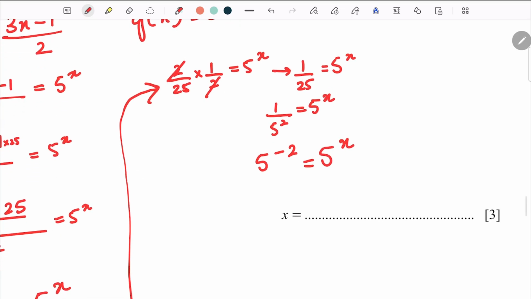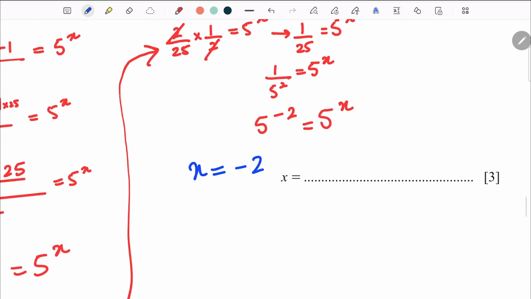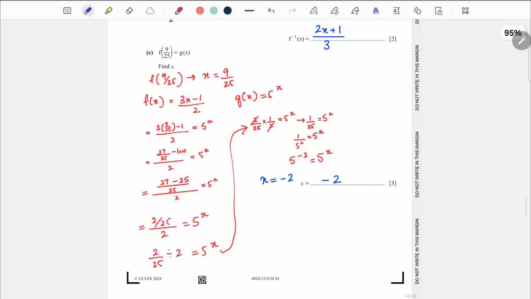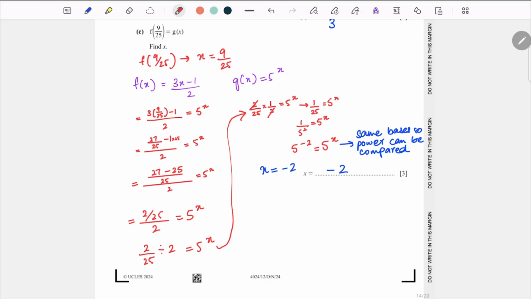Because the bases are the same, the powers can be compared. So x will be equal to negative 2. So the final answer will be x is equal to negative 2. I've written the rule right here that when the bases are the same, the powers can be compared, and by comparison, the final answer is negative 2.